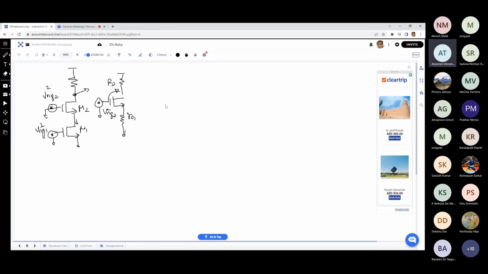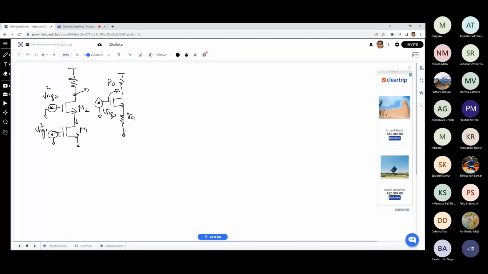Yes, sir. So GM of the M2, if we take for VNG2 whole square, it's coming 1 by RO2. That's why we can ignore it, right? Because 1 by RO2 is a very small number. So overall gain is GM RD upon 1 plus GM RO R1 in this case, right? So GM R1 RO1, if I say that it is the intrinsic, you have to look at the comparative value.